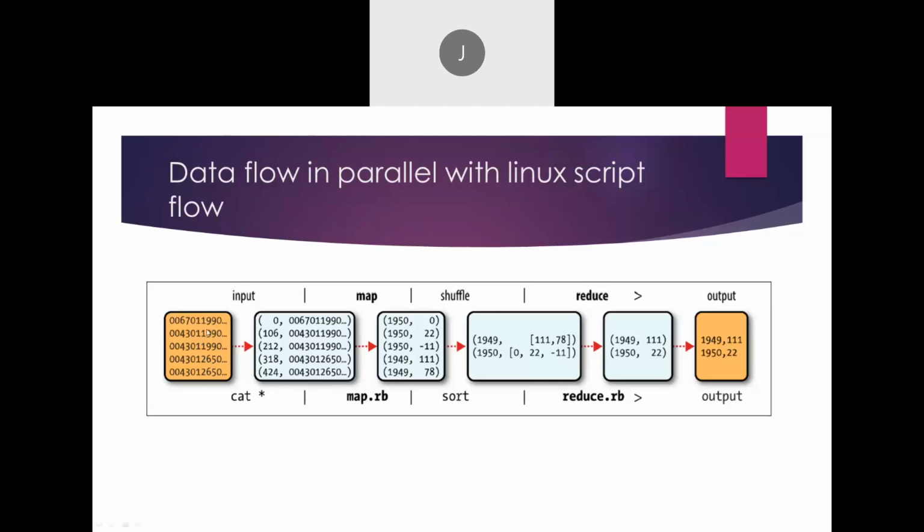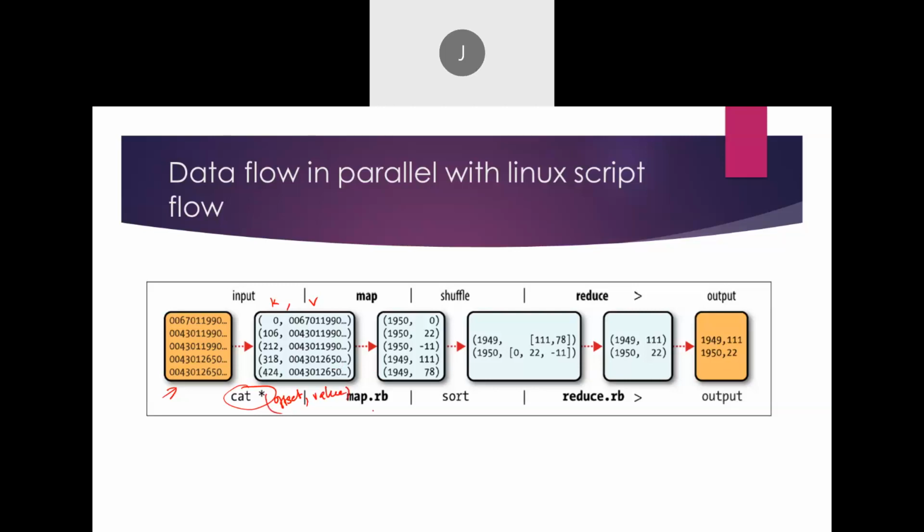So this is going to be our input data, stored in the HDFS. For the input splits they use a cat star function, and with that they divide the input into key value pairs: the offset, meaning the start of the line, and the value, the line itself.